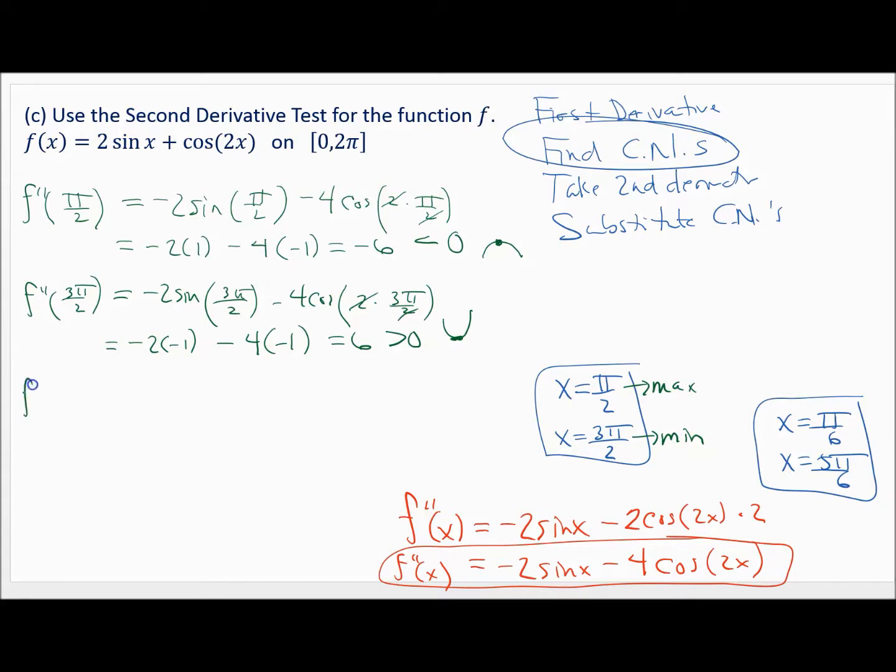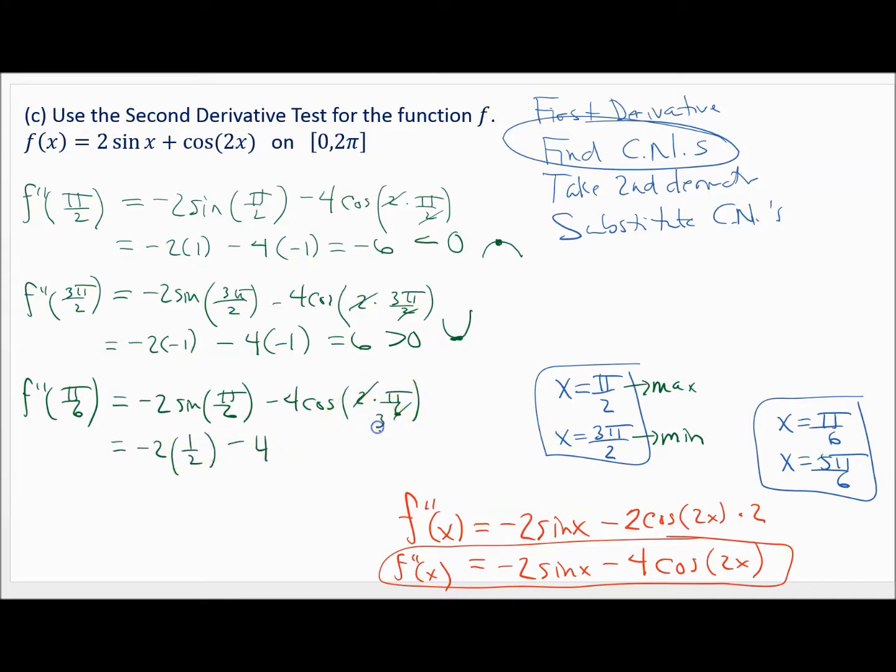And then I'm going to find f double primed of pi over 6, which is actually the lowest value on our angle list. So that comes before these two if you're thinking left or right. But negative 2 sine of pi over 6 minus 4 cosine of 2 times pi over 6. Now, the sine of pi over 6, negative 2 comes down. The sine of pi over 6 is the y value. Remember where pi over 6 is? The y value right there is 1/2. Your calculator will tell you this as well.